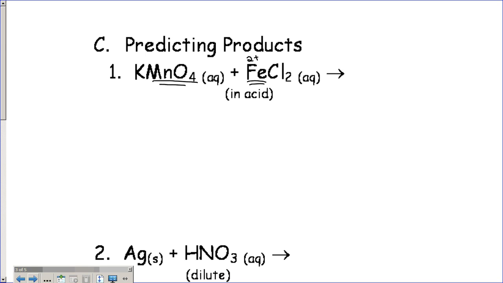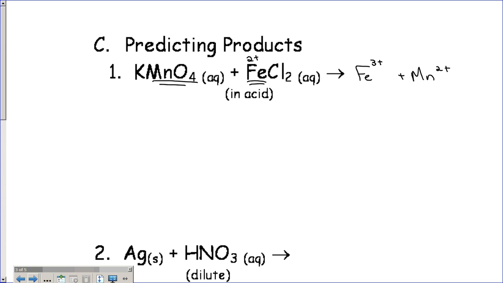We know that metals typically do not reduce, and we know that the highest oxidation state for iron is 3+. So probably what's going to happen here is that this iron is going to oxidize to an oxidation state of 3+. And at some point you'll put in your steel trap that a permanganate ion likes to reduce to manganese 2+ ion.